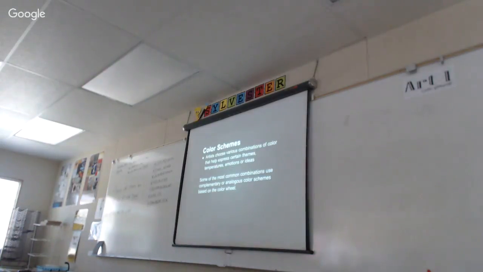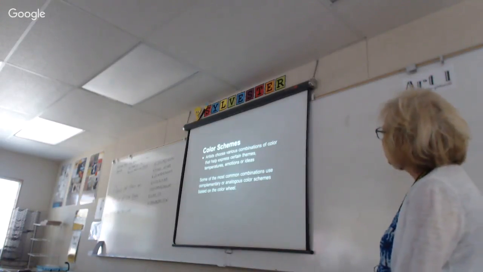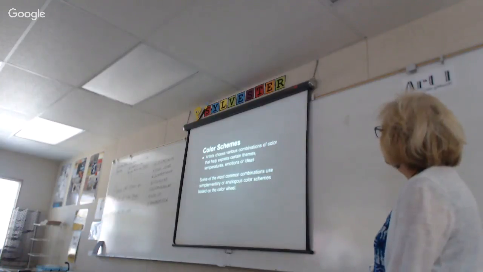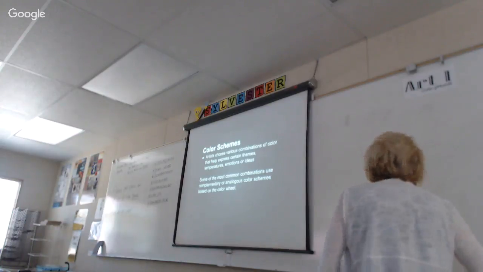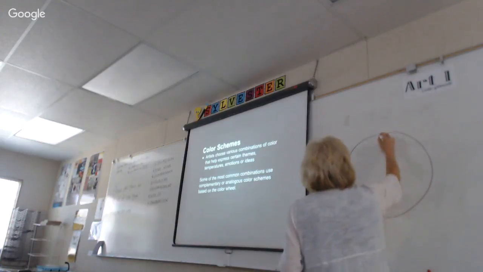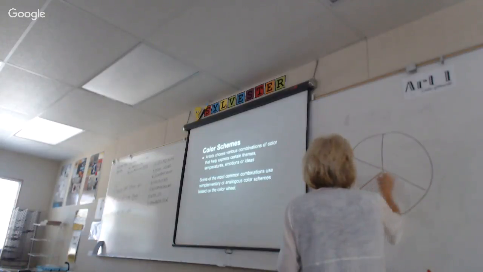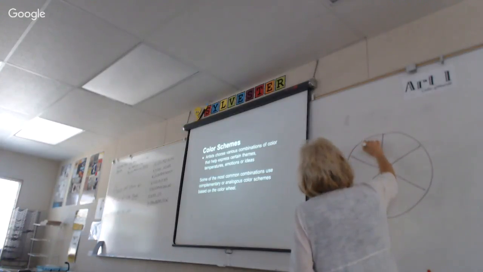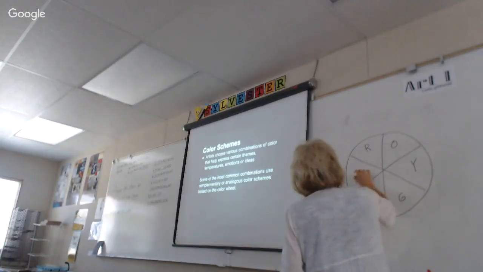Okay, so then we have something called color schemes. Artists choose various combinations that help express certain themes, temperatures, emotions, or ideas. Some of the most common combinations use complementary or analogous color schemes. So if we have a color wheel, say we've got red, orange, yellow, green, blue, and violet.